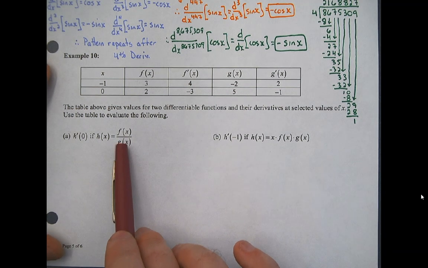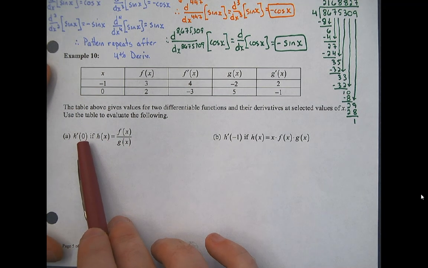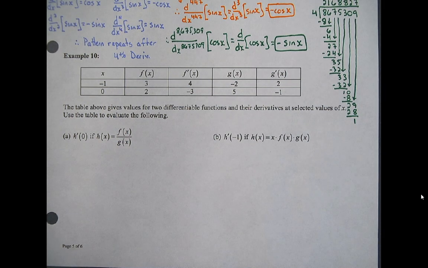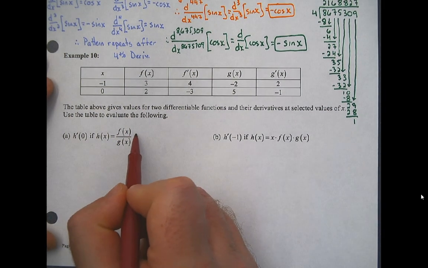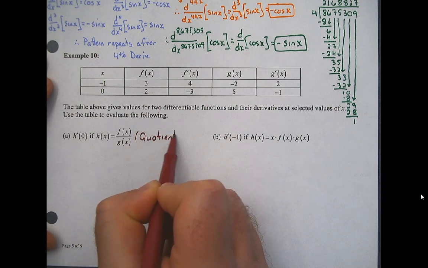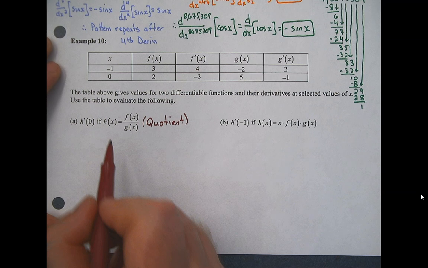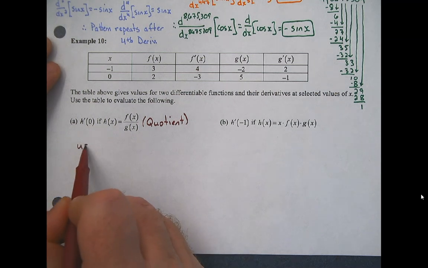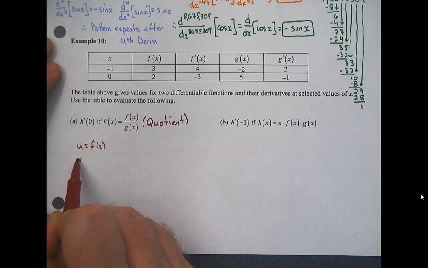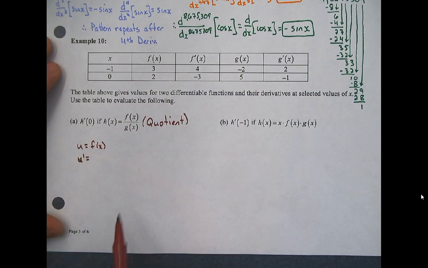So I want to evaluate what is the derivative of h at 0. Well, h of x equals f of x over g of x. What type of rule is this? This is a quotient rule. Okay, so if I'm going to do a quotient rule, that means I need u's and v's. U is equal to f of x. Now this gets interesting. U prime is the derivative of f.